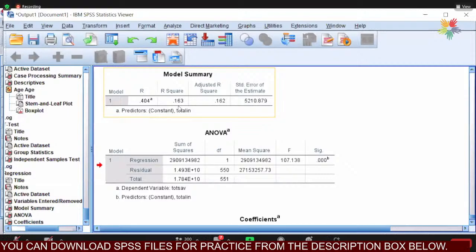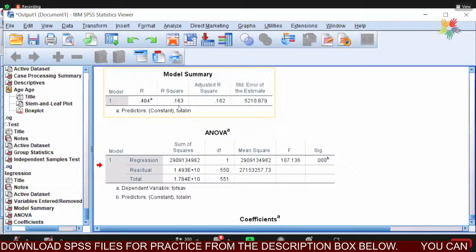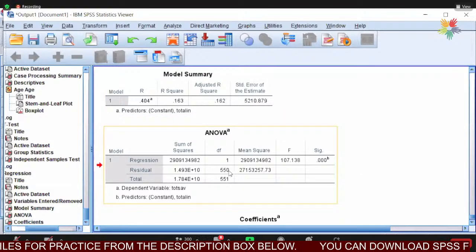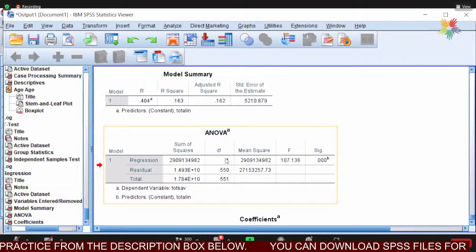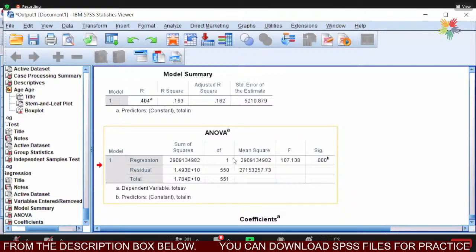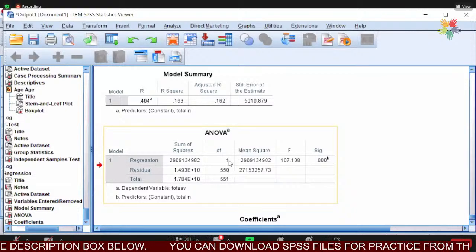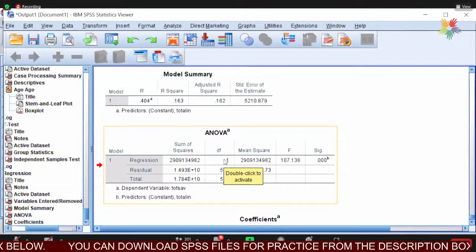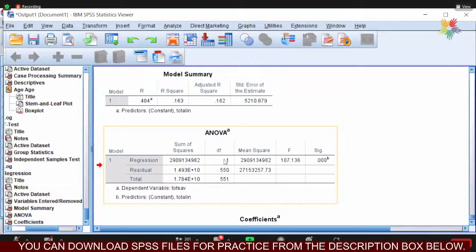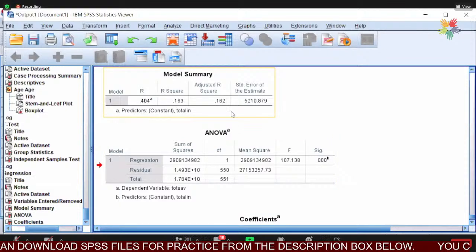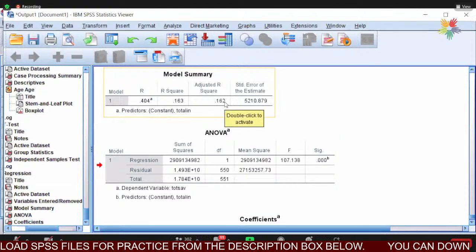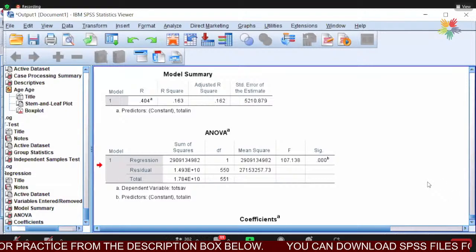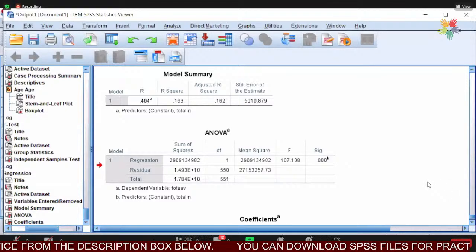Whenever the number of variables changes, the degrees of freedom changes; with 2 variables the degrees of freedom will be 2, and here the degrees of freedom is 1. To that extent we make the adjustment in R square. Adjusted R square is more precise.